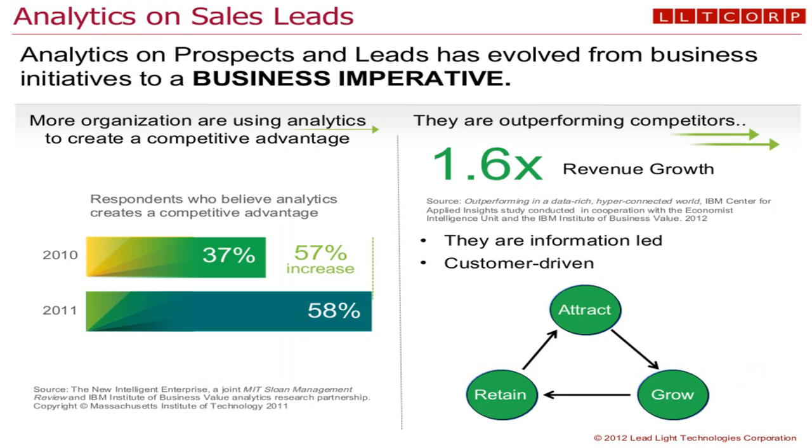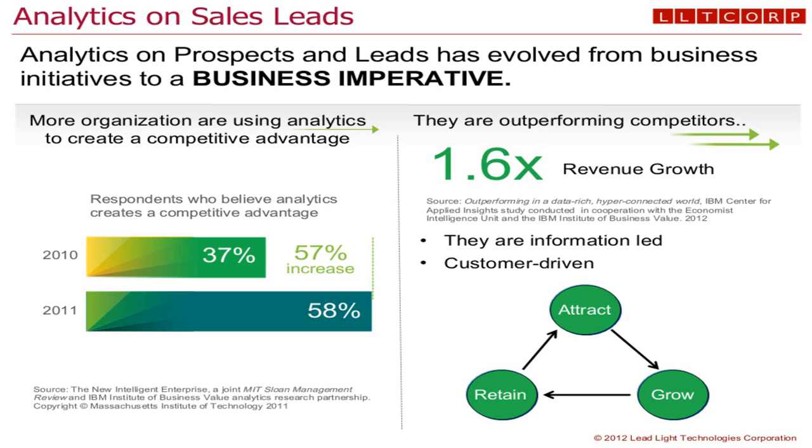So analytics on sales leads is an excellent place for you to put some investment into getting information out of the data that you already have at hand. And LeadLight can help you do that based on technology that IBM is, in the platform, the IBM platform. The results of this are pronounced. If you see on the left, organizations that are skilled at using analytics to create competitive advantage get a lot more return.